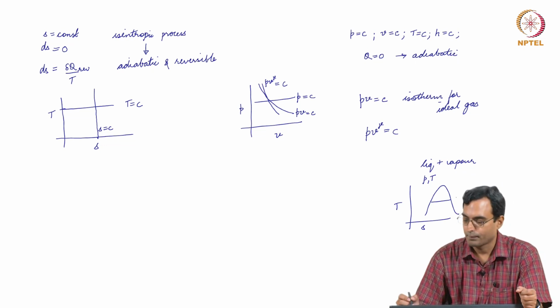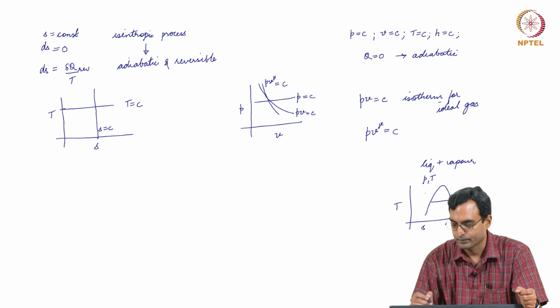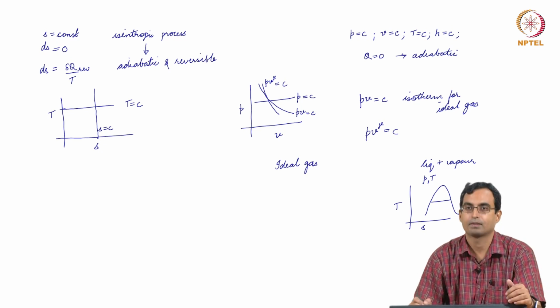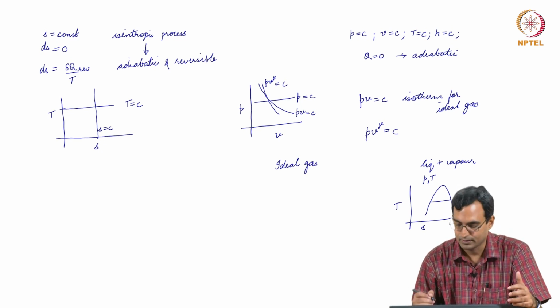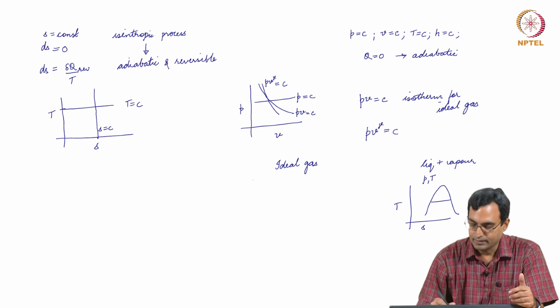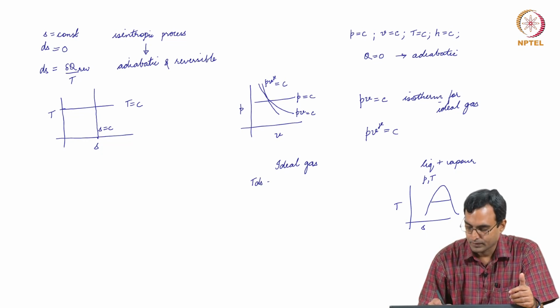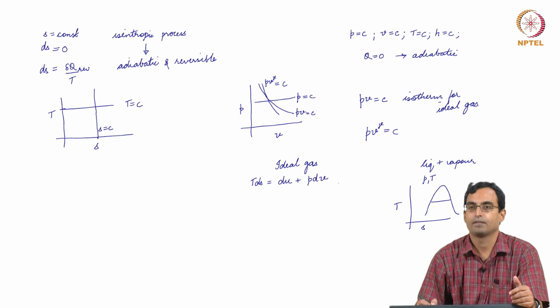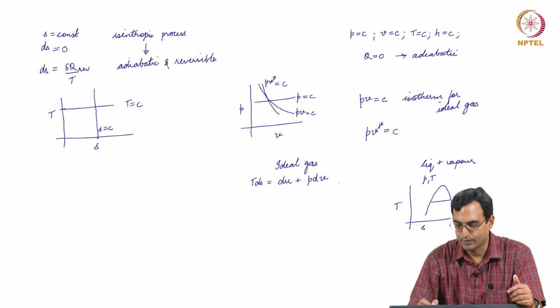But let us look at what happens in the case of, for example, an ideal gas, which is of course another special kind of substance. We had the TdS relations, which we said is essentially TdS is du plus PdV, or also we said TdS is dH minus VdP.